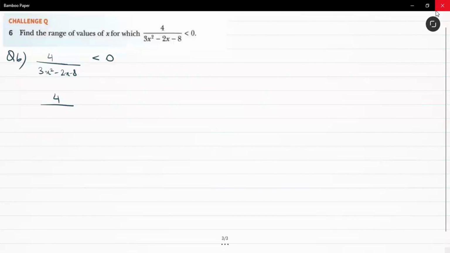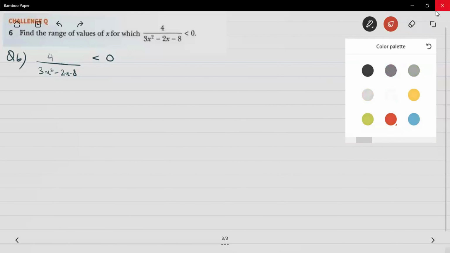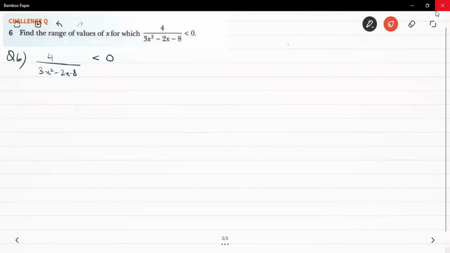By the way, most of the students make this mistake, and let me just make this red so that you know what I'm going to do right now is going to be wrong. So what they do is reciprocate this. So 3x squared minus 2x minus 8 divided by 4 is greater than 0.